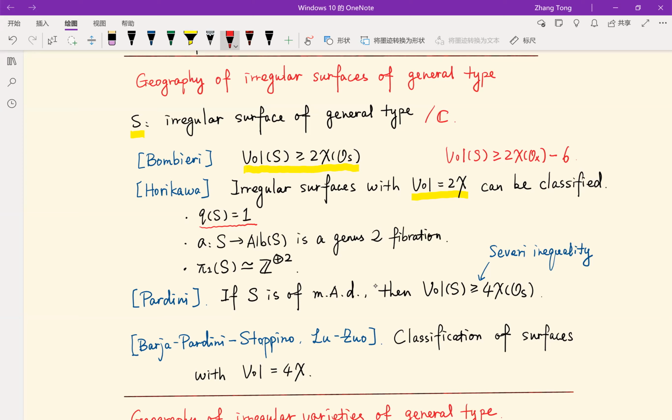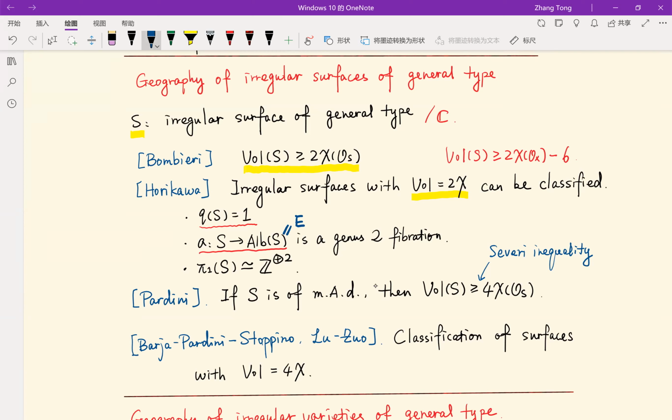So it's an abelian variety of dimension 1. And from this observation, you can consider the Albanese fibration. Here I just write down that the Albanese variety of S is just a genus 1 curve. So you have a surface fibered over a genus 1 curve.